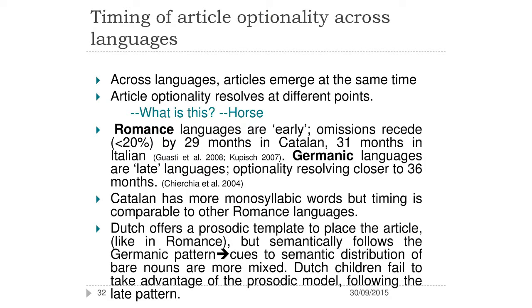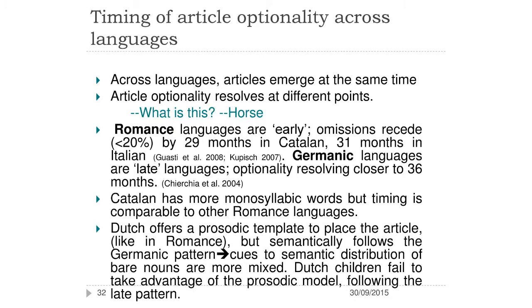And again, many proposals. I'm going to skim quickly. Prosody is one, the type of word template that children use at the beginning of their language acquisition. There are also questions of semantic typology: nouns in the Germanic languages, in English, Swedish, can do certain things that they don't do in the Romance languages.